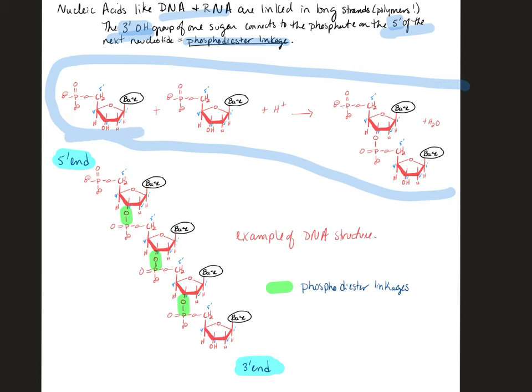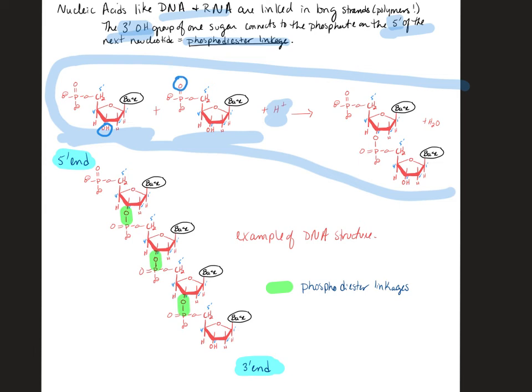So if I have this guy connected to this guy, and I have some acid floating around, what's happening here is that the OH right here is connecting to the phosphate up here, right?